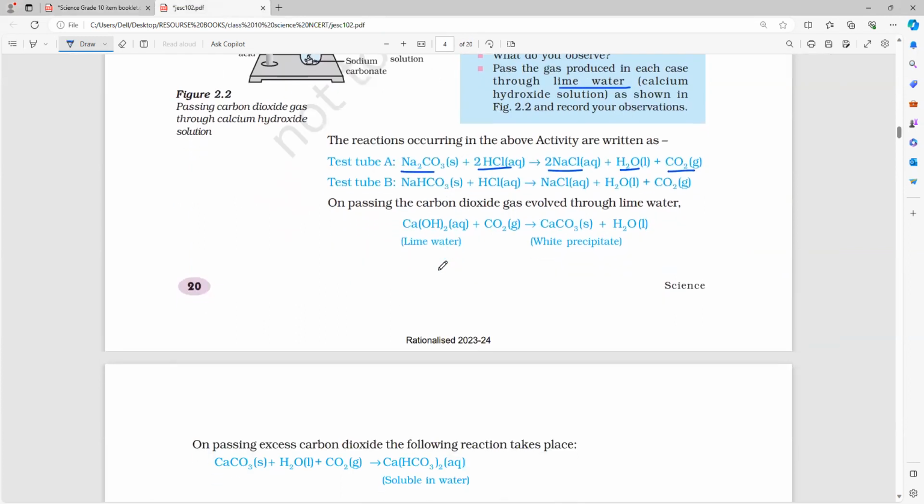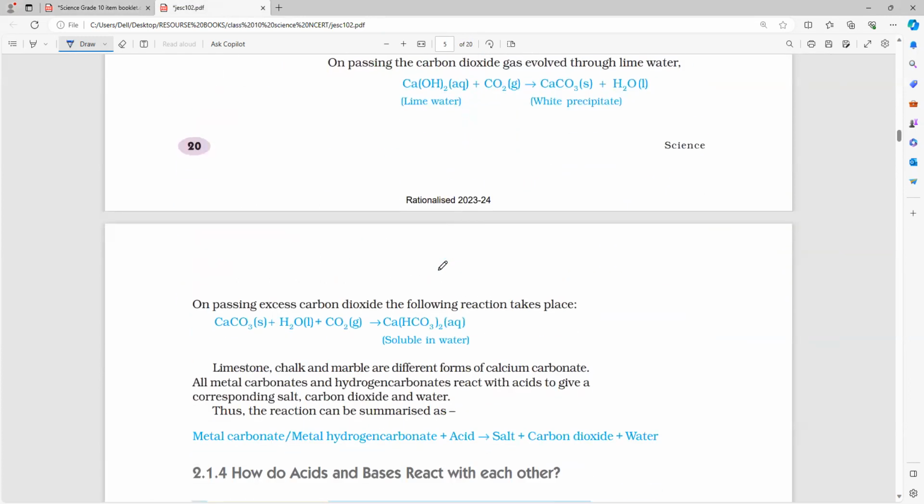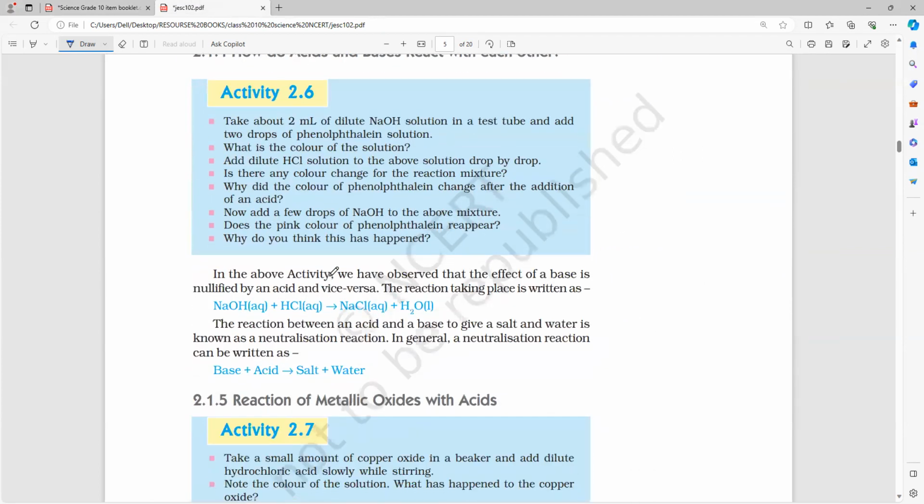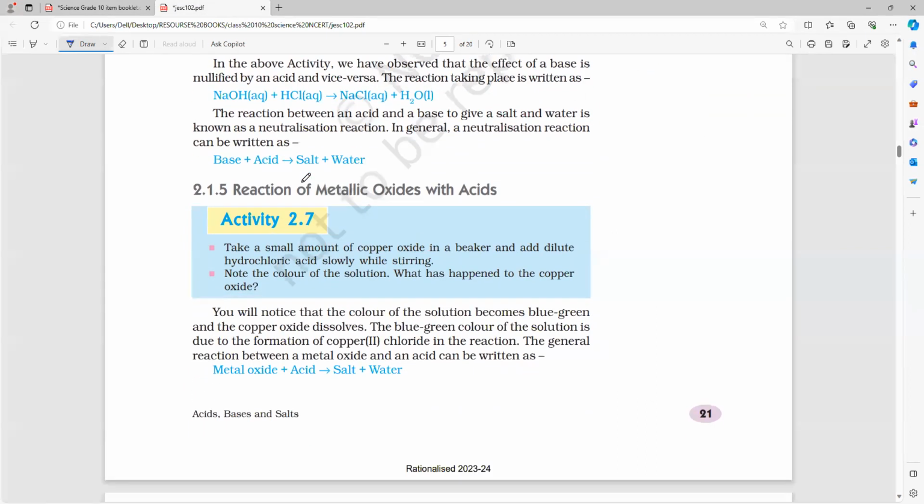This is metal carbonates. Metal oxides, is there any equation? I have taught you, you can check it. Metal oxides, anybody? Is there any equation, example, can you tell me? Check your classworks and tell me. It is not in the book, your NCERT. So you have to tell me from your classworks.